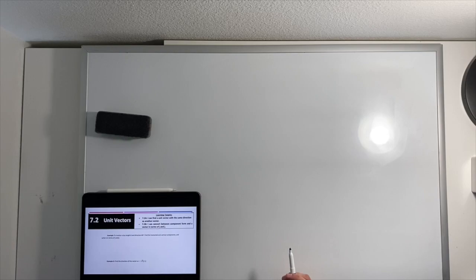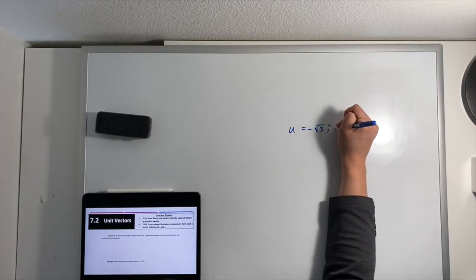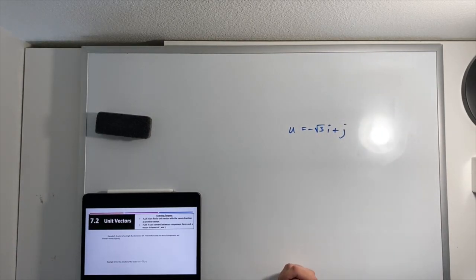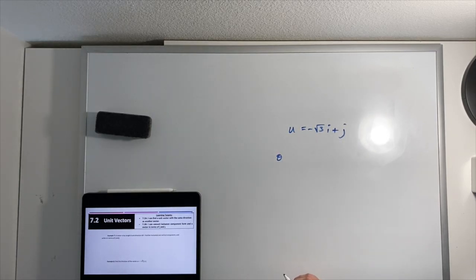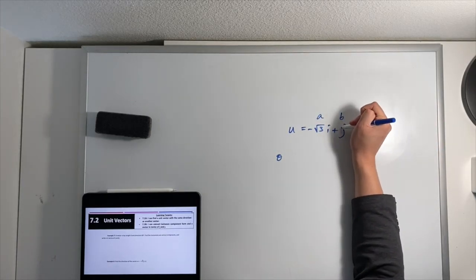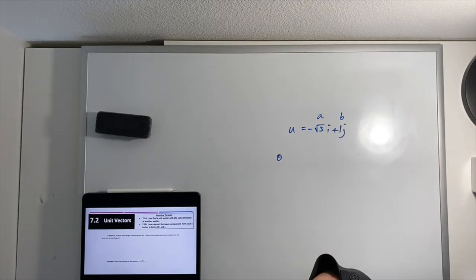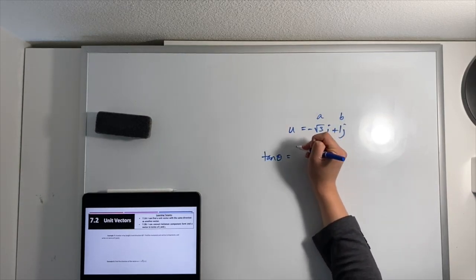Very last question, find the direction of the vector u equals negative square root of 3i plus j. Find the direction. So if we're asked to find direction, then we're looking for theta. We have A, and we do have B. B in this case is just 1. Now if we think back to the last few units, finding theta given A and B, given x and y, is using this formula.